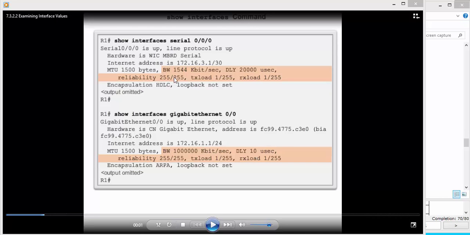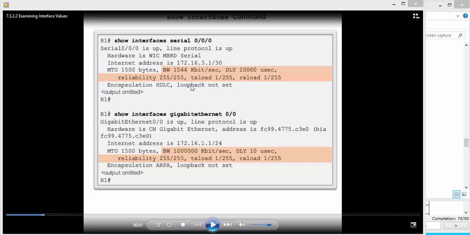And you have the reliability of the interface as a fraction of 255; 255 over 255 is 100% reliability, calculated as an exponential average over 5 minutes. By default, EIGRP does not include this value in the composite metric.